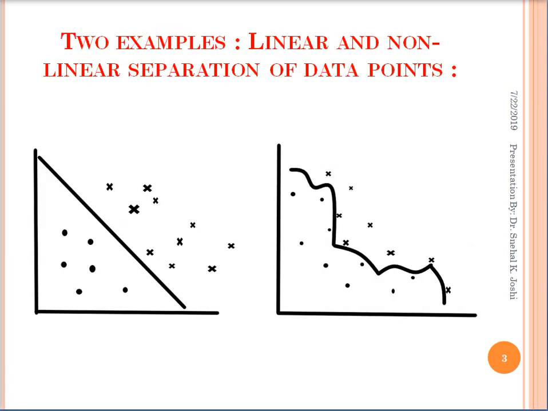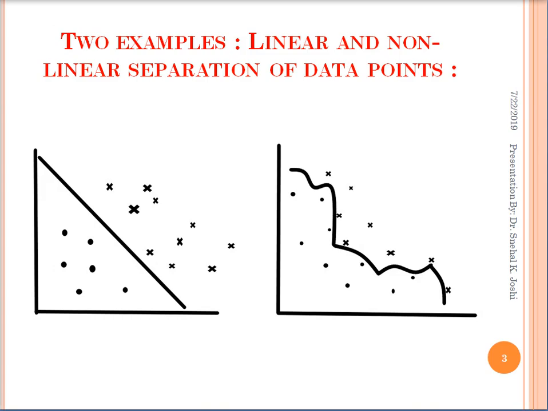Consider this example. Here, in the first example, the data points are represented as checks and dots. The checks represent a particular category, and data points expressed by dots represent another category. Here, using a line, the data points can be classified very clearly.